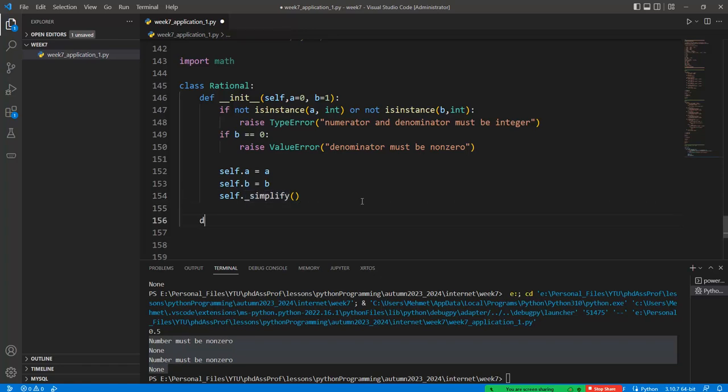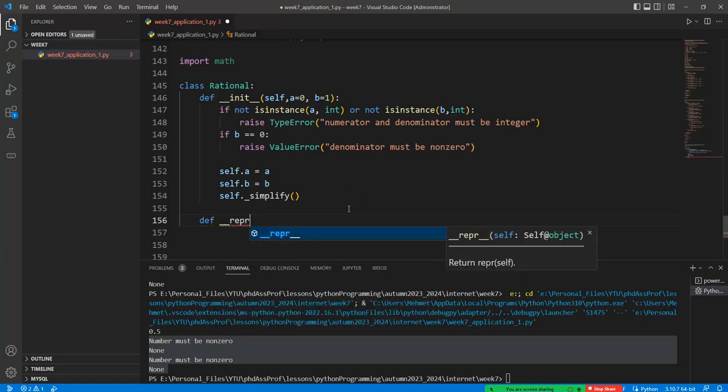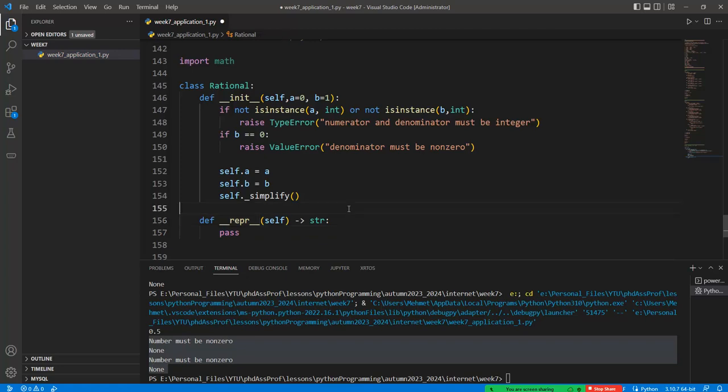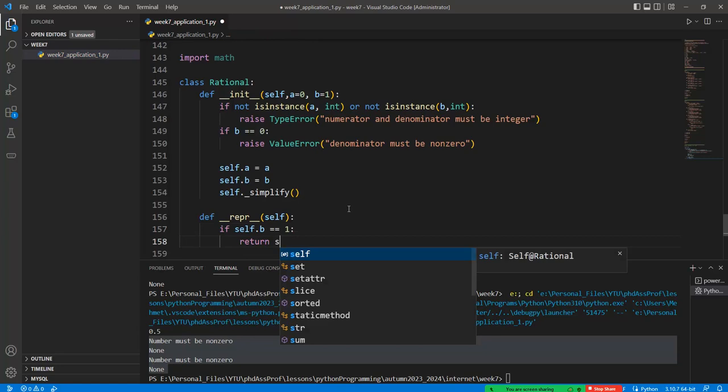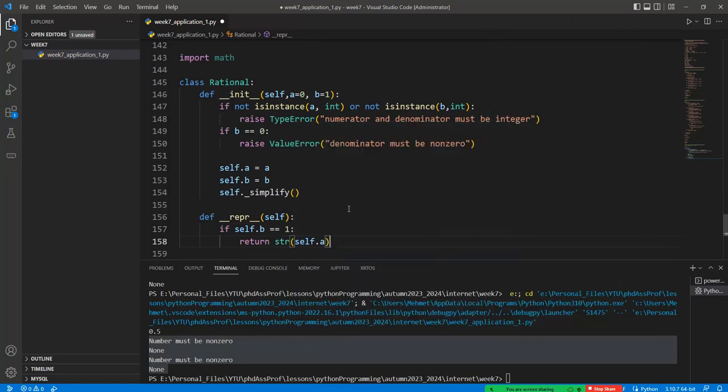For example, if we have this kind of definition here, firstly we need to give the repr function body, and then self is assigned here, and if self.b is equal to 1, we return the str of self.a.